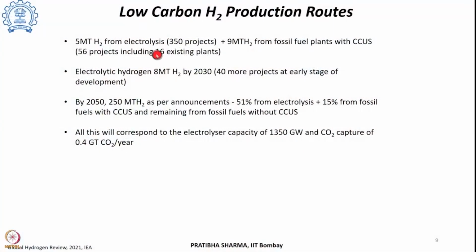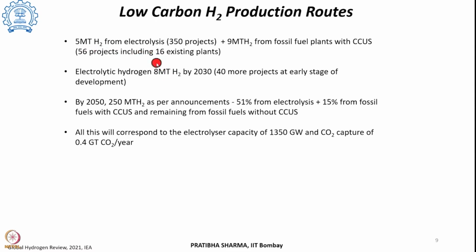Now if we look at the plants which are coming up, the plants which are being already under construction or at later stage of planning for commercialization development, then roughly about 350 such projects of electrolysis are there, which could account for 5 million tons of hydrogen being produced through electrolytic route.